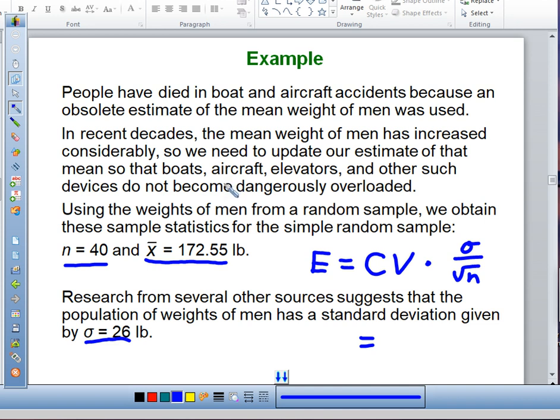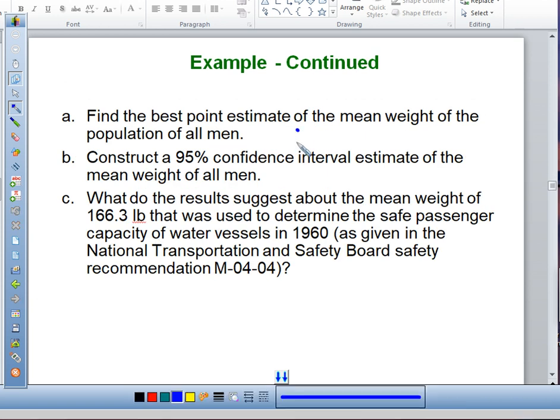Well, our sample says 172.55. That's our best guess, right? We took a sample to come up with a good guess. So our best guess is going to be 172.55. And then construct a 95% confidence interval.